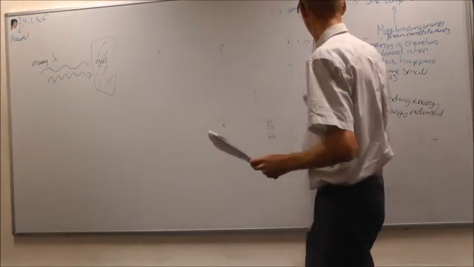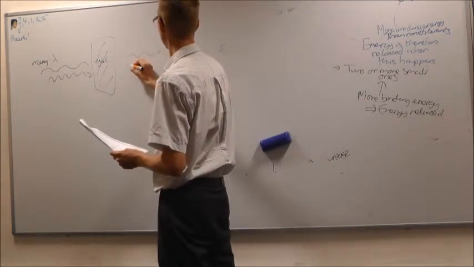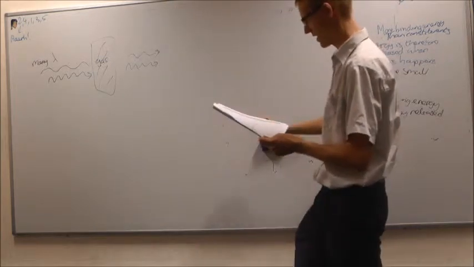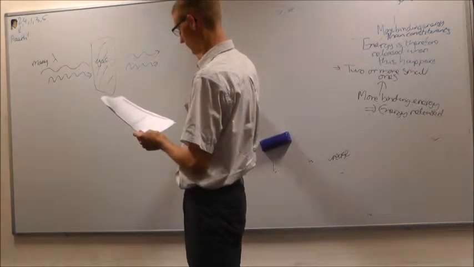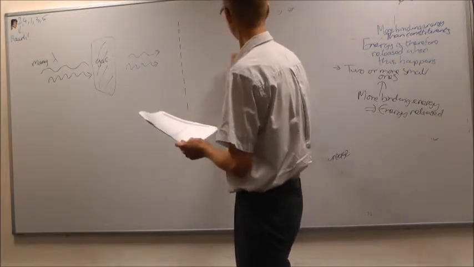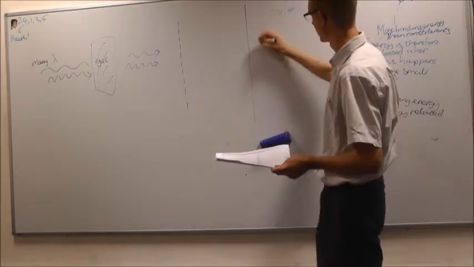Something comes out of it, a range of wavelengths coming out. Then the diffraction grating, and therefore you're going to get an interference pattern.